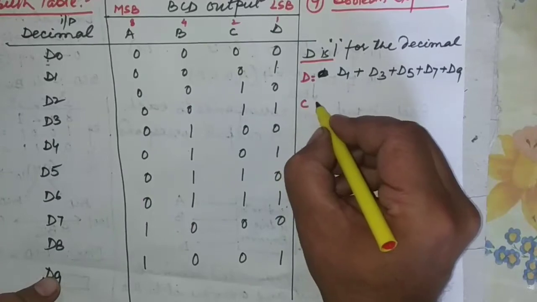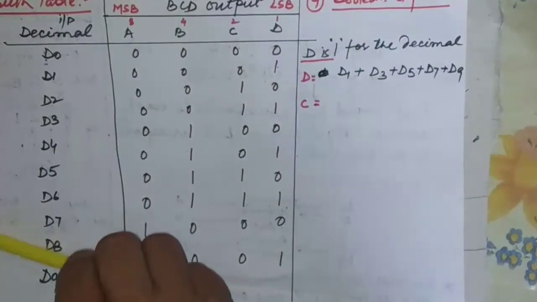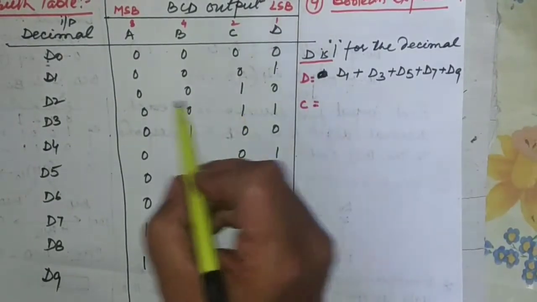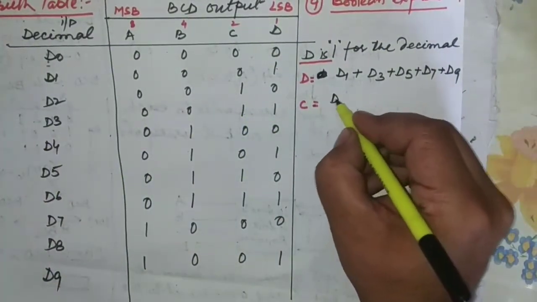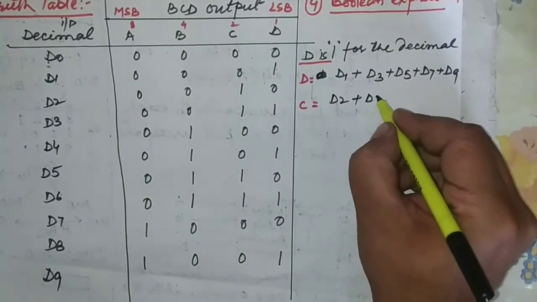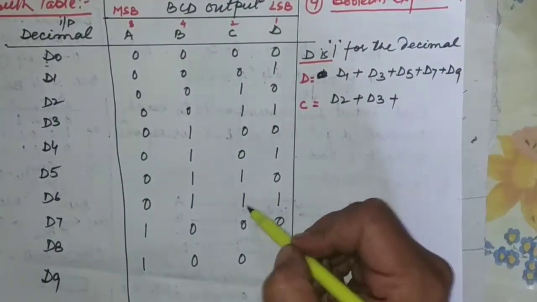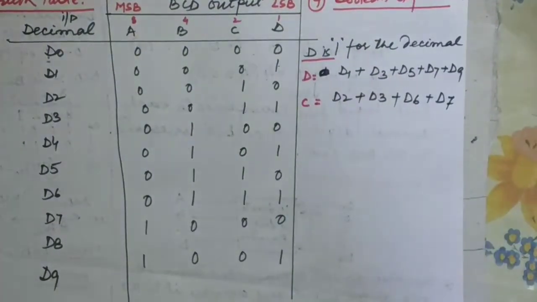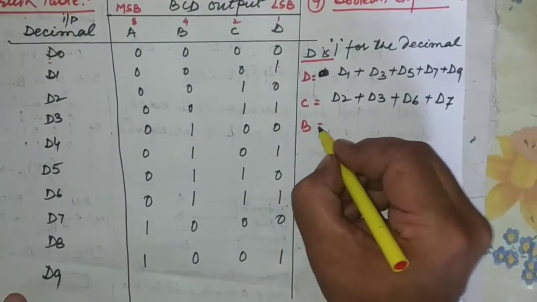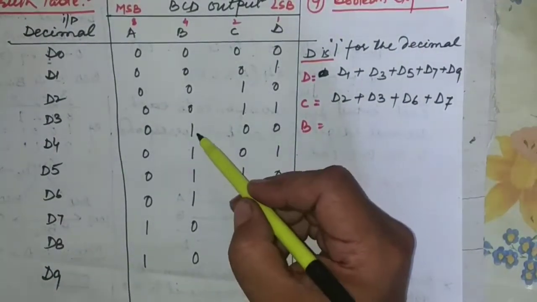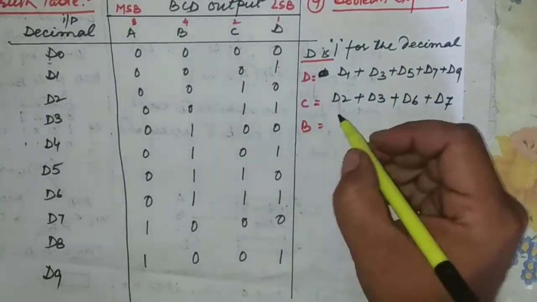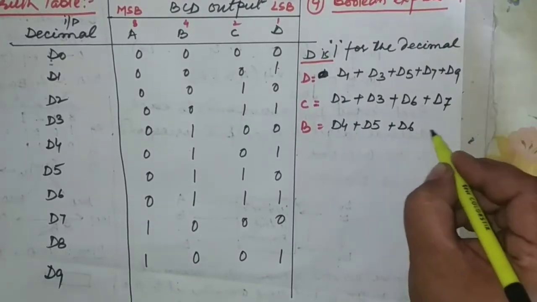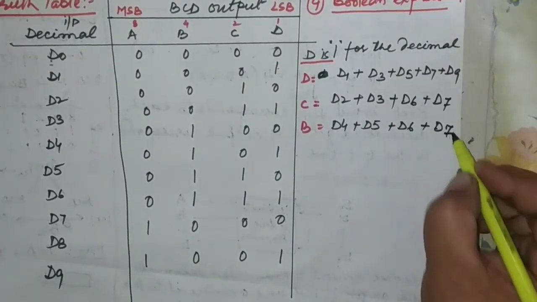Now this is C. For C, see the number of ones, 1 1 1 1, 4. So it is equivalent to D2 plus D3, then D6 and D7. And for B we have 4, 5, 6 and 7, so D4 plus D5 plus D6 plus D7.